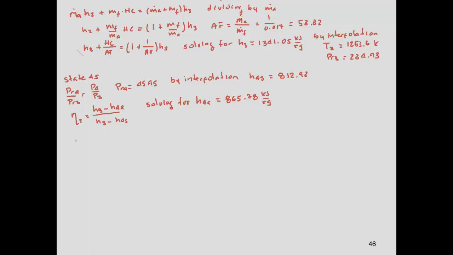So now we know that the work of the turbine is H3 minus H4 actual, which leads to a value of 475.27.